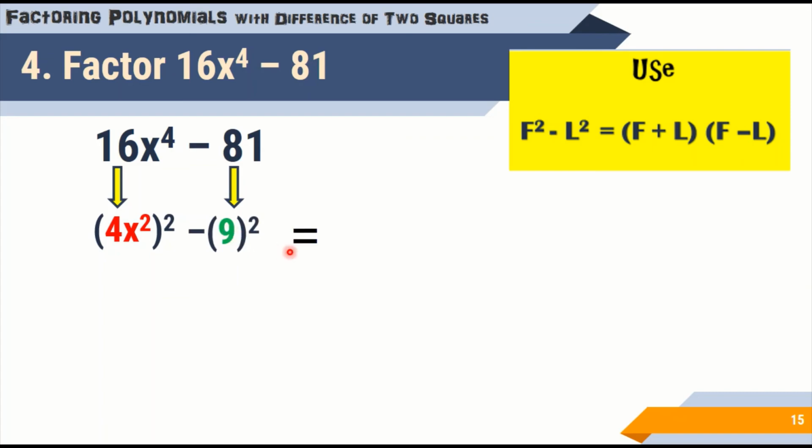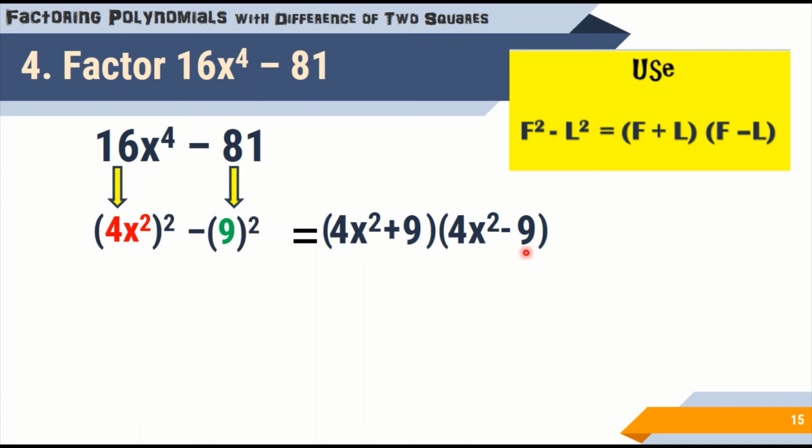And then write two sets of open close parentheses. Copy the first term and last term. Let us observe again if each factor ay kaya pa bang i-factor uli. 4x squared plus 9 ay hindi kailangan i-factor since meron tayong positive at hindi na siya kayang i-factor.